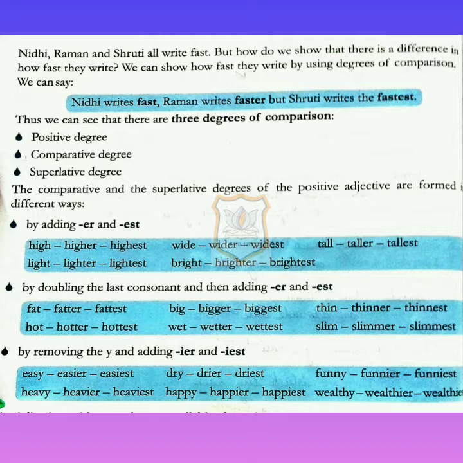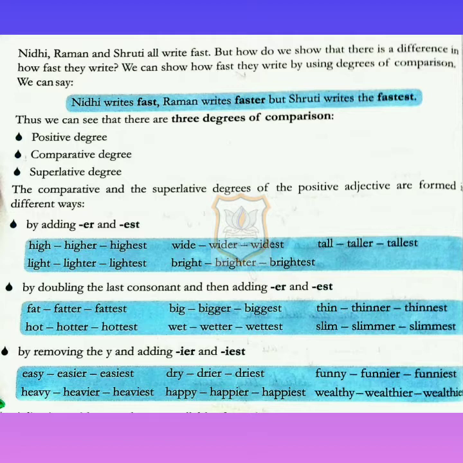Next, by doubling the last consonant and then adding er and est. So what you have to do is double the last consonant and then add er and est. So the positive degree is fat, fatter, fattest. So here children, we can see we have doubled the last consonant by adding er and est.